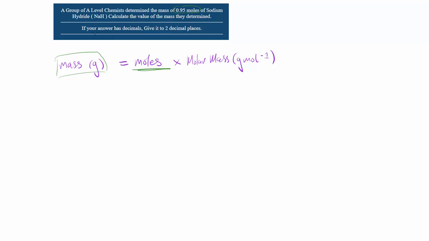What we need is the moles, but we also need the molar mass, right? To be able to calculate the mass which you've been asked to calculate. So, as I asked initially, do we need a periodic table? Well, we need the molar mass, and in the question, we've not actually been directly given the molar mass.